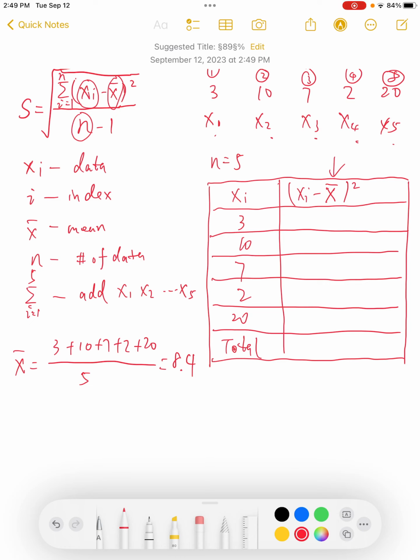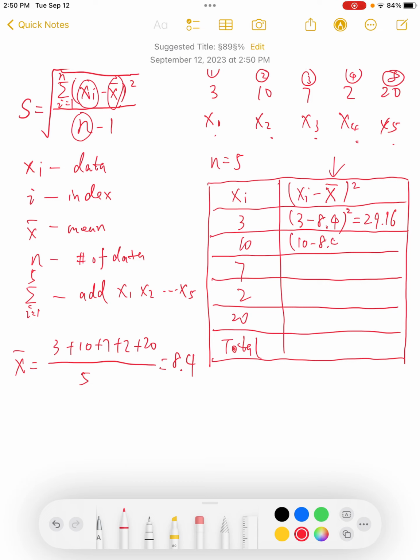Now let's find how much each data differs from the mean. 3 minus 8.4: the first data is 3, the mean is 8.4. We find how far the first data is from the mean and then square that difference. Put in a calculator, and I got 29.16.